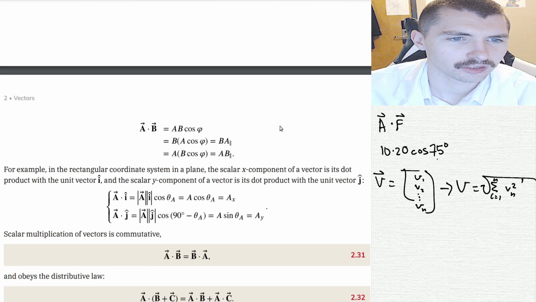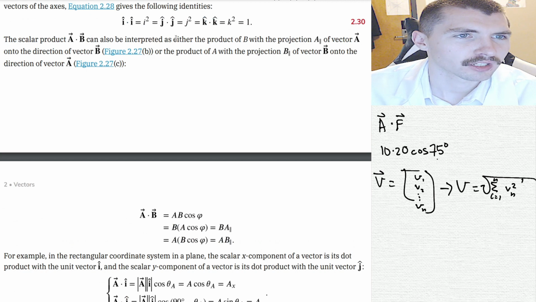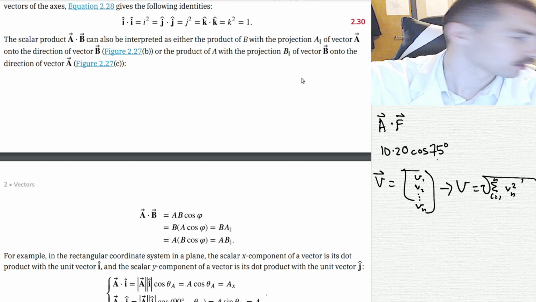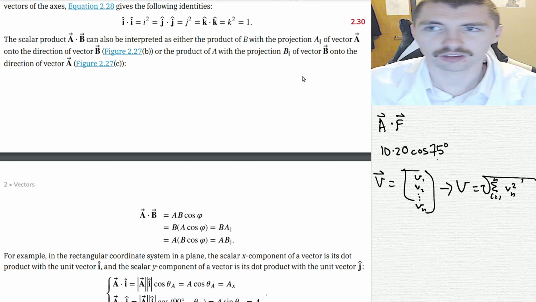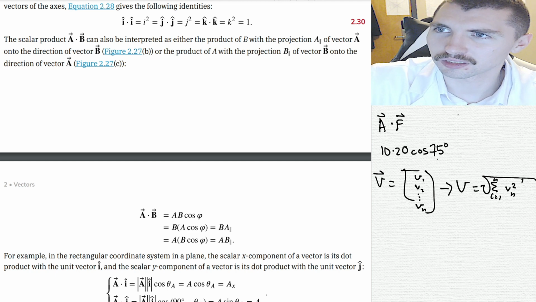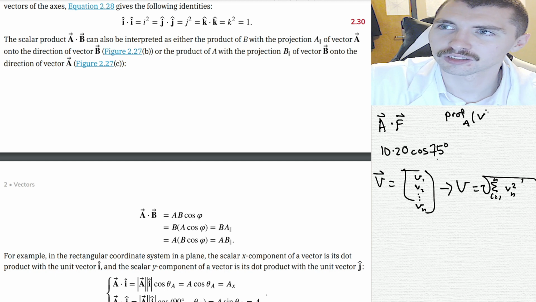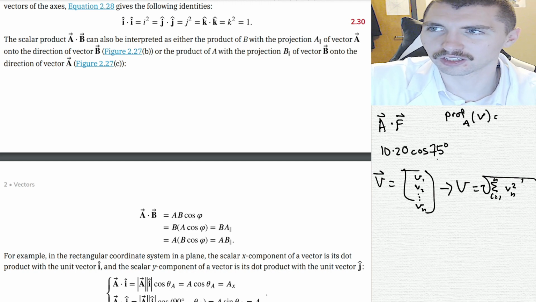A times b is ab cosine phi. Scalar product can also be interpreted as the product of the projection of vector A. I should find my book, but another textbook I've used writes projection like a function: projection of A onto V. That is how this book and other books write it.